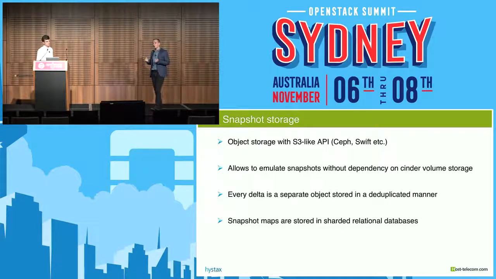We store these deltas or snapshots in such a way that every delta we receive from the customer's VMware side is a separate object in the object storage, which gives us an opportunity to provide deduplication, so we don't require as much storage as all the customers' VMs would weigh in terabytes. In our case, for this customer, we had 20 terabytes of data, and we could provide a deduplication ratio of about 30%.